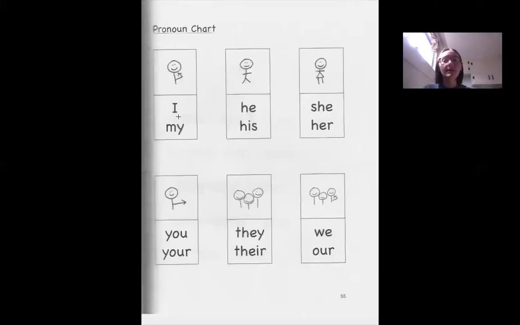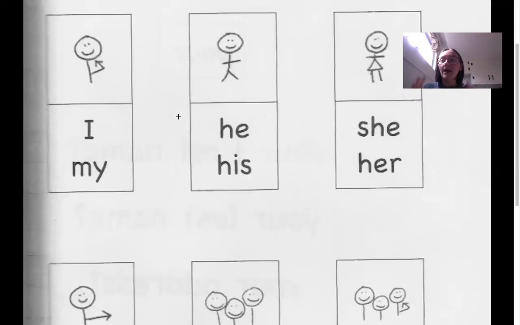Okay, so I just wanted to show you how they are connected. So I and my are both talking about me, right? When we say he, his, it means we're talking about one person, and it means that they identify as a guy, or they want people to know they're a man, right?